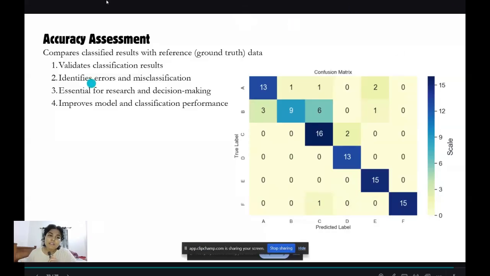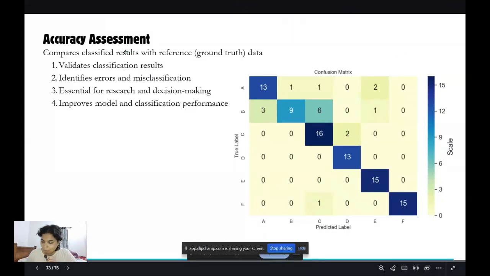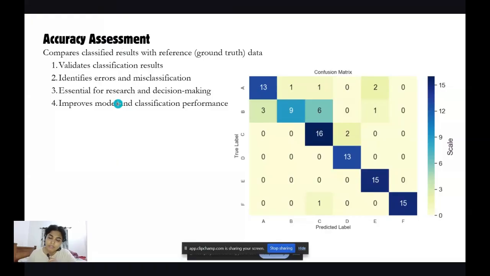So why is accuracy assessment important? It is because we are trying to mimic something that is present in the field, and we are trying to derive it through a classification technique within GIS, using maybe some satellite data, or using maybe some field observations that you have.